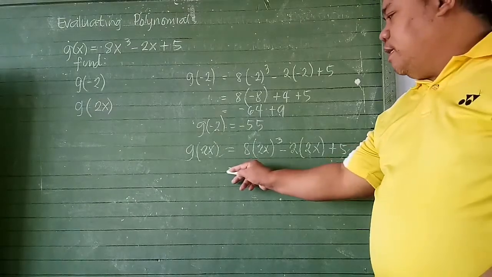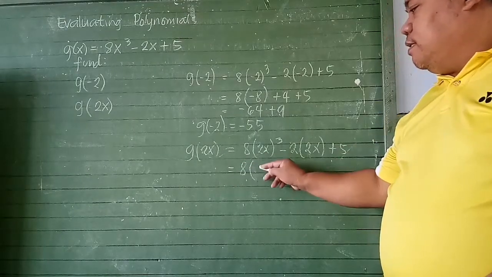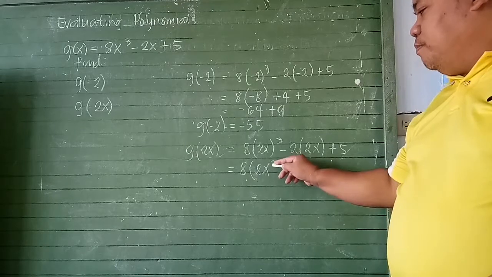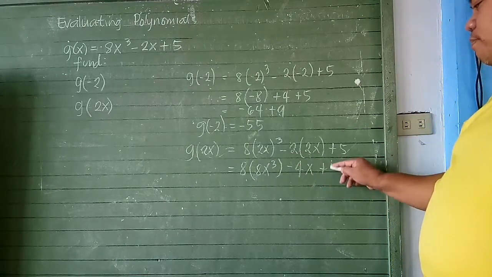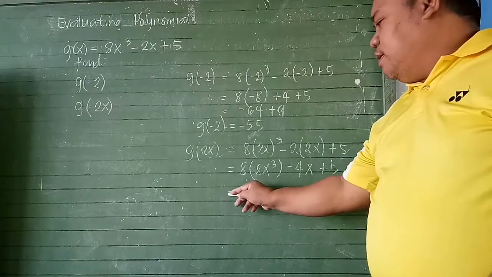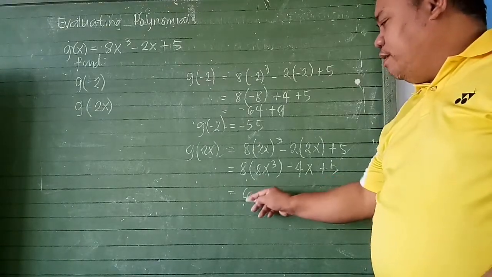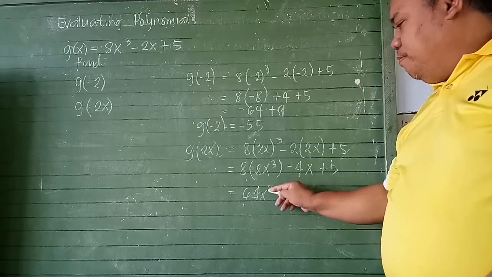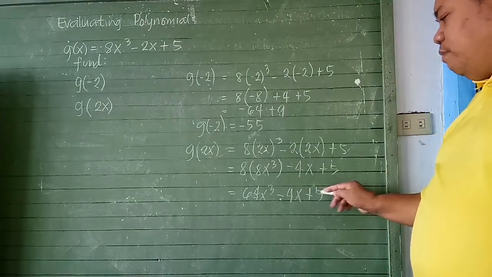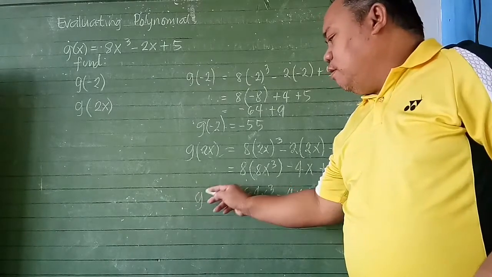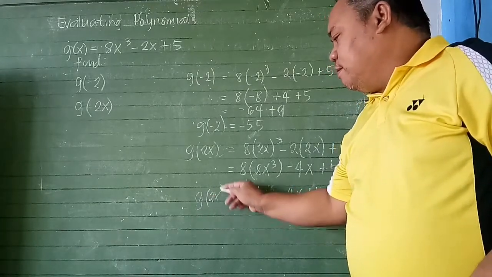This is 8 times 8x cubed minus 4x plus 5. So this is 64x cubed minus 4x plus 5. So that will be the value of g of 2x.